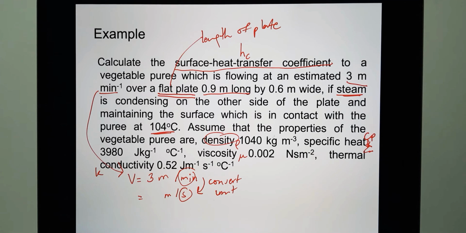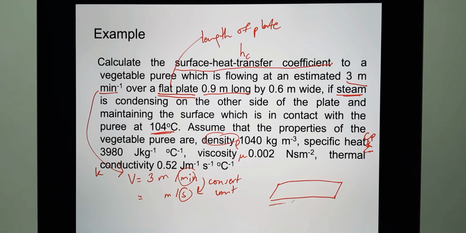So you need to know which denotation is appropriate for the physical properties given. Those parameters have been given to you and you need to know which ones to pay attention to. Alright, so for example, I have a flat surface like this.